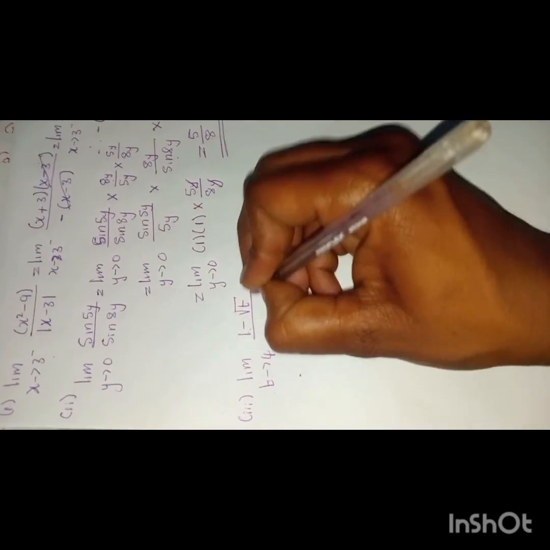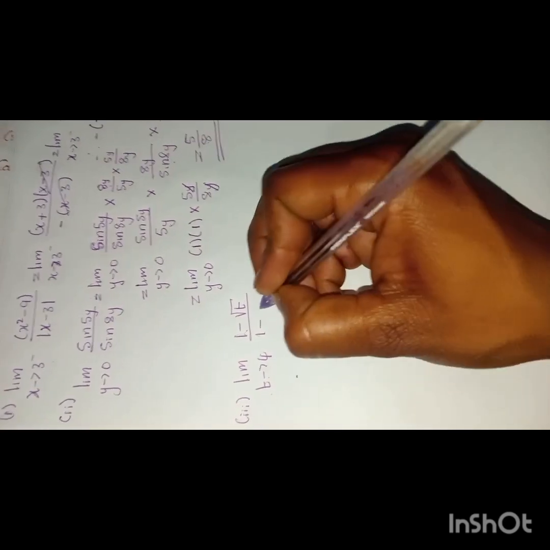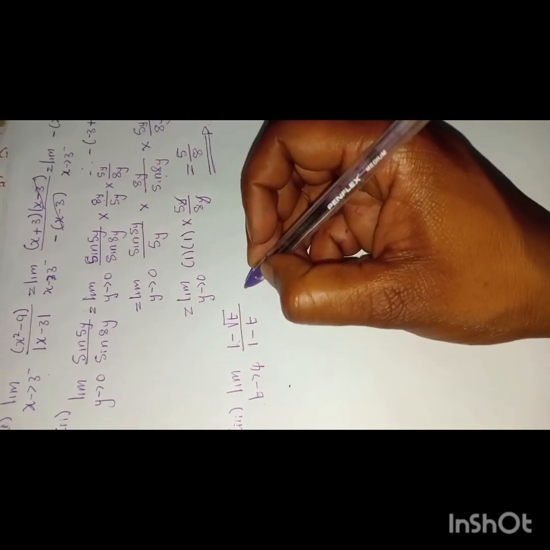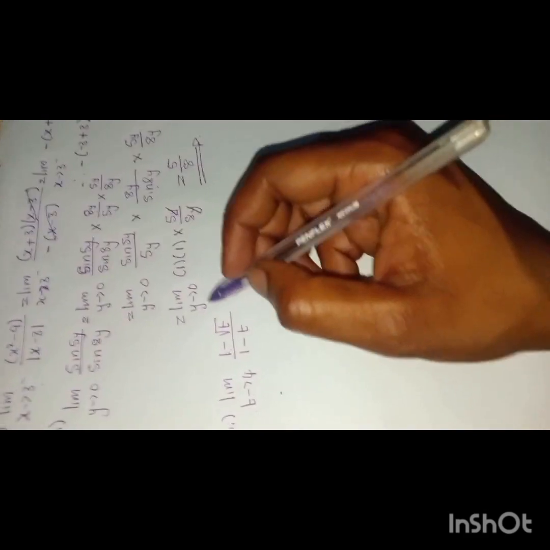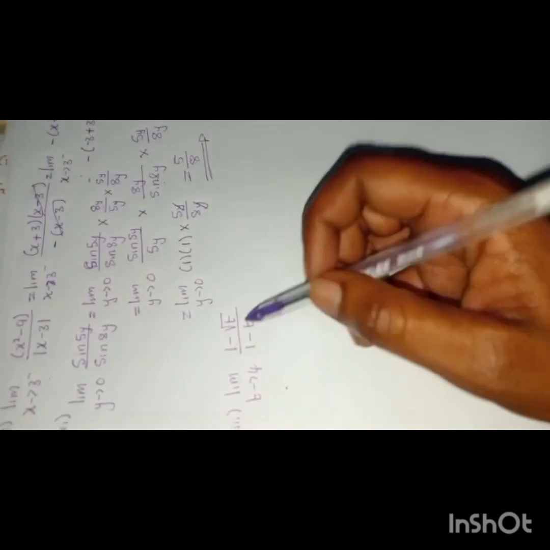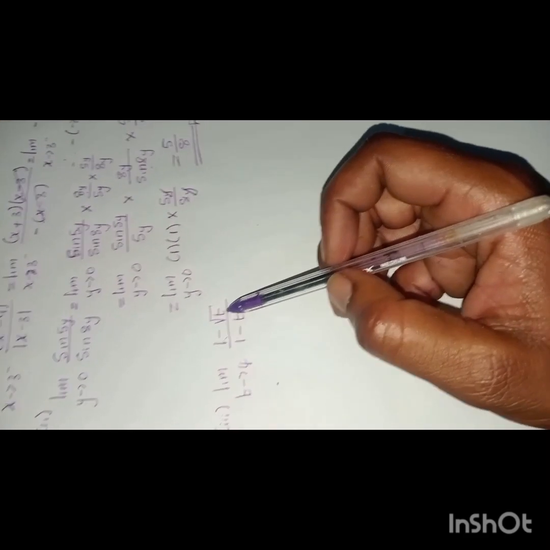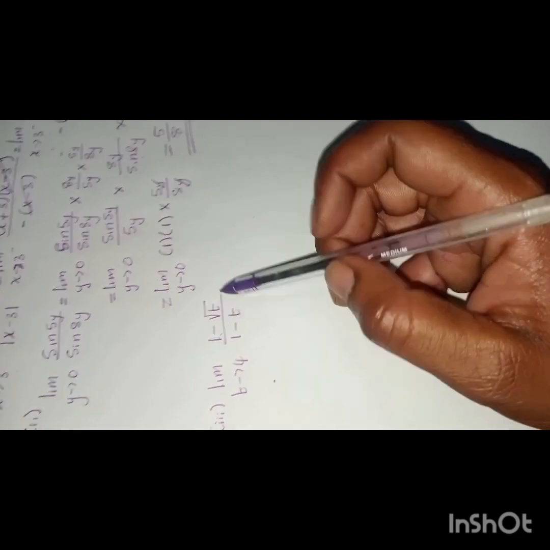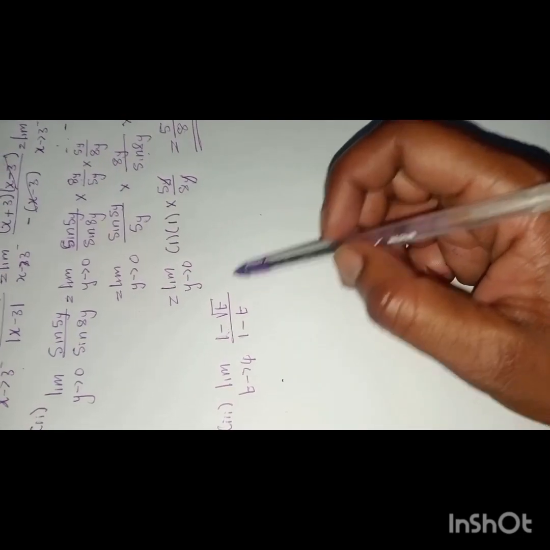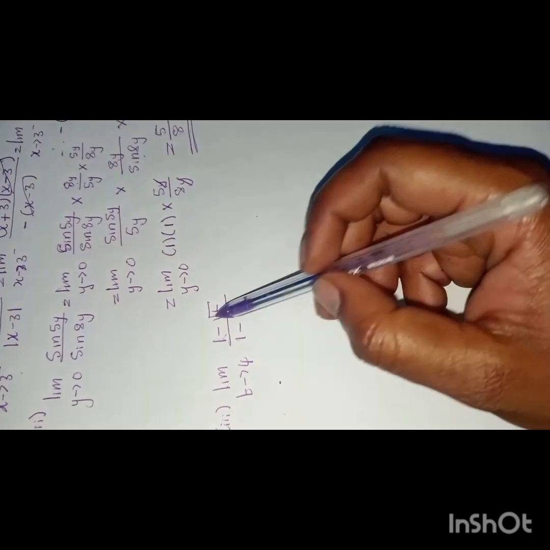So which is root of t all over 1 minus t. Sometimes you can see that in this case you don't have to simplify or rationalize the numerator. Why?